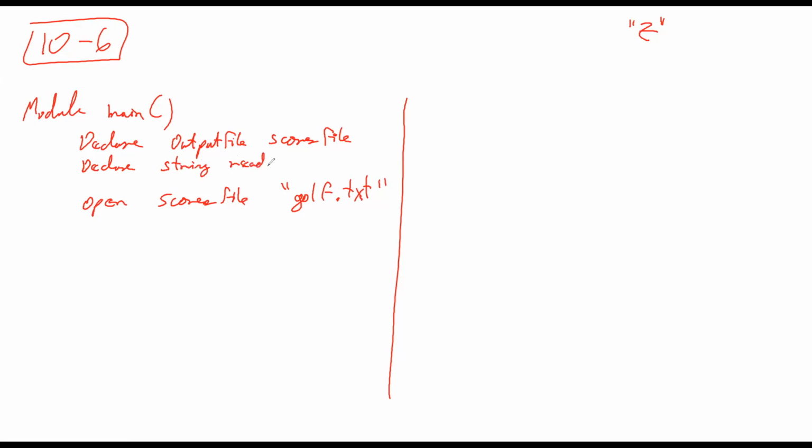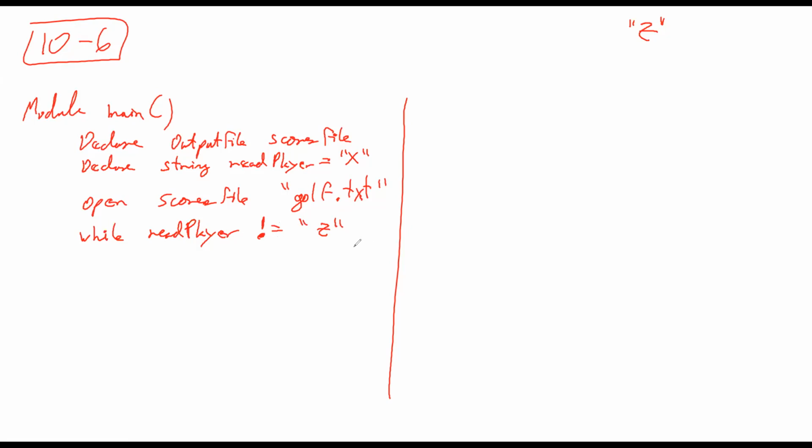I'll call it read player. And I'm going to initialize it to just X or something. Doesn't matter what it is. That'll be replaced. And now we can say while, because remember, we're just reading inputs from the user. So I'm going to say while read player not equal to the terminator Z.